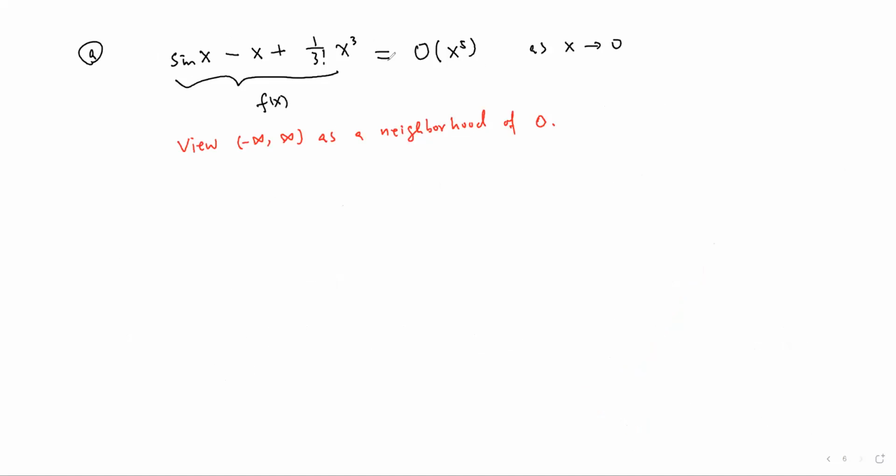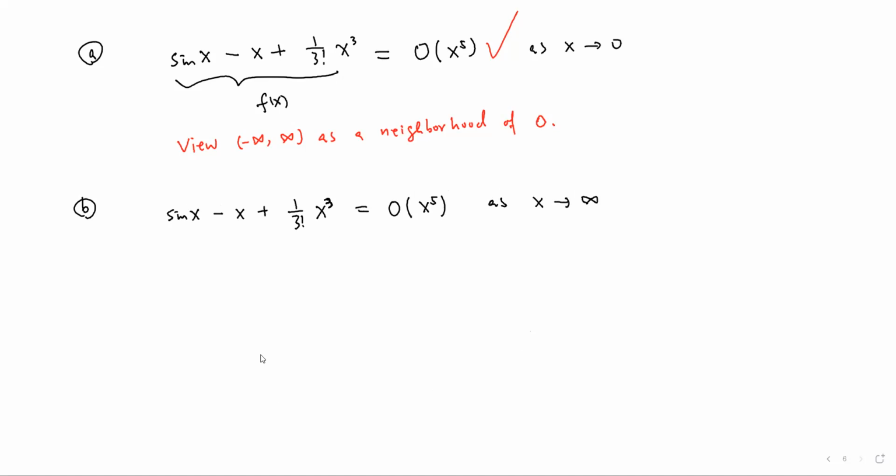So I have this statement. Okay. B, I can also make the following statement. This is function f. Function f is big O of function g as x approaches positive infinity. Why?